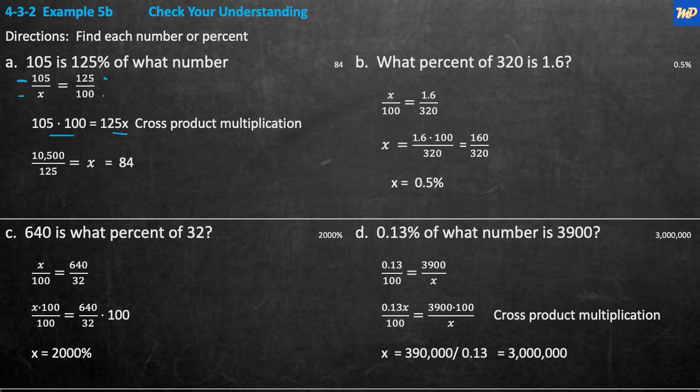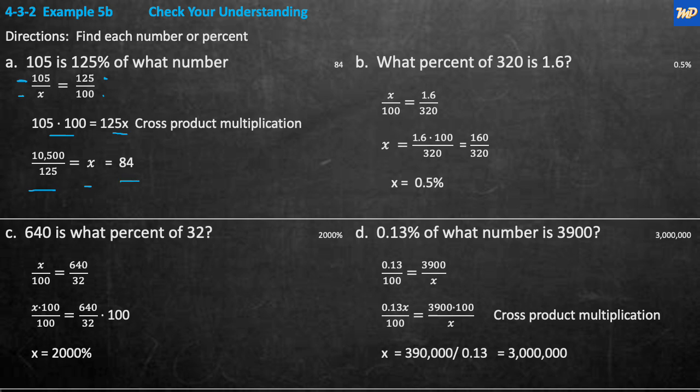Now on this side, you have 125 times x. You have to undo the 125 multiplication on x. And you do that by dividing both sides by 125. And when you do that, you're going to get 10,500 divided by 125. And that equals x. And x therefore equals 84.